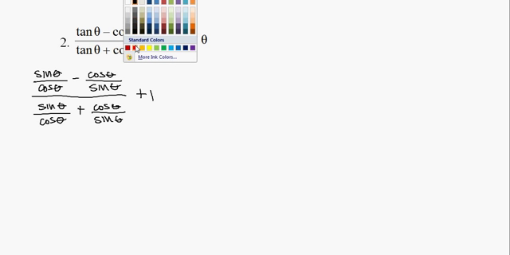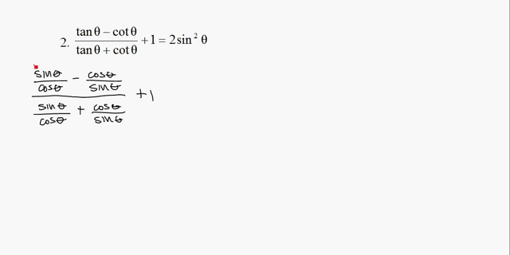So probably the easiest way to manage this one is to multiply this whole fraction by the common denominator, which is cosine sine. So I'm going to multiply this by cosine theta sine theta, and this by cosine theta sine theta.